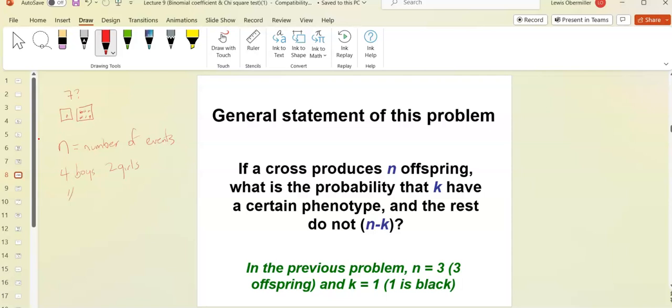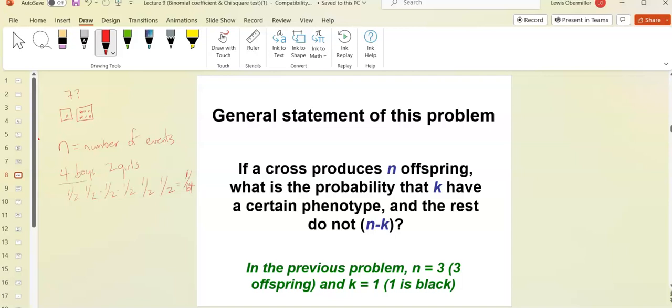It would be 1/2 times 1/2 times 1/2 times 1/2 times 1/2 times 1/2, because there's a 50-50 chance of boy or girl. In the end, we get 64, so the probability would be 1 out of 64.